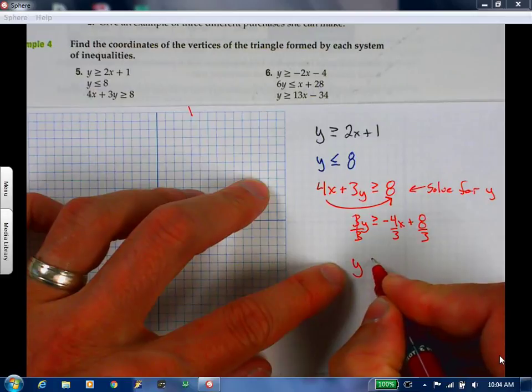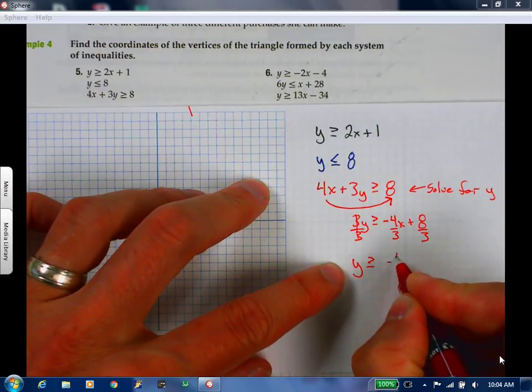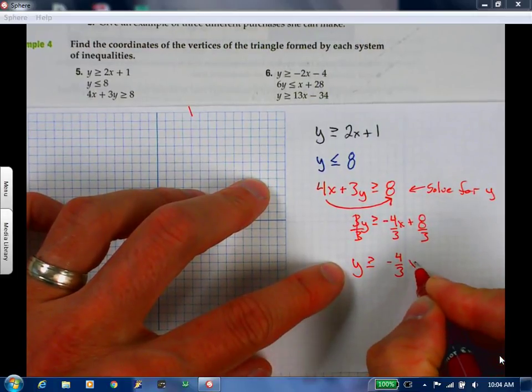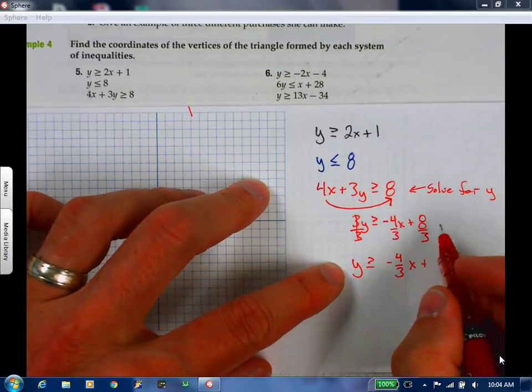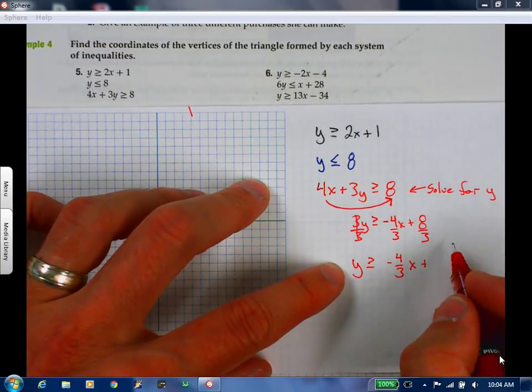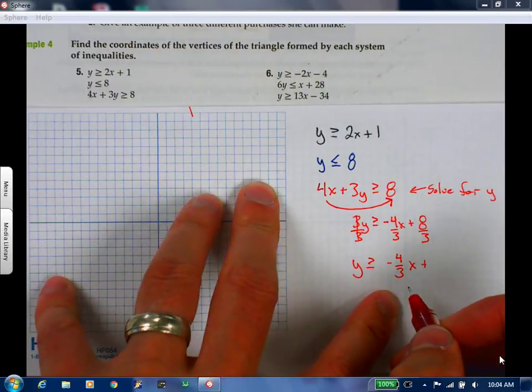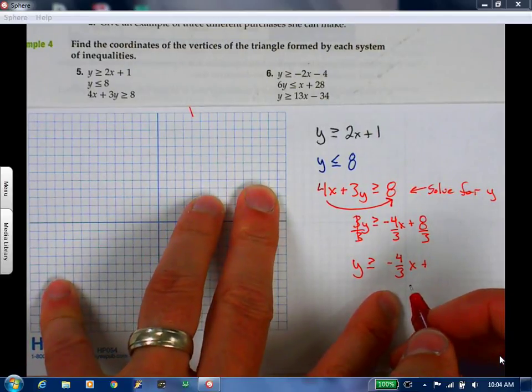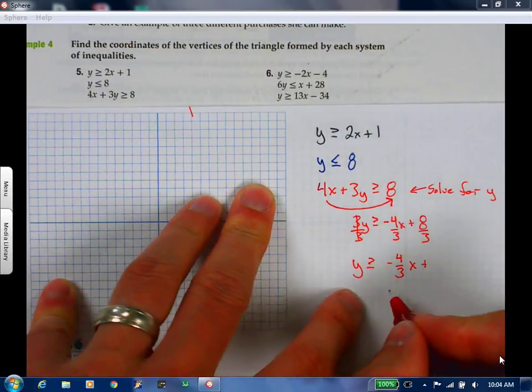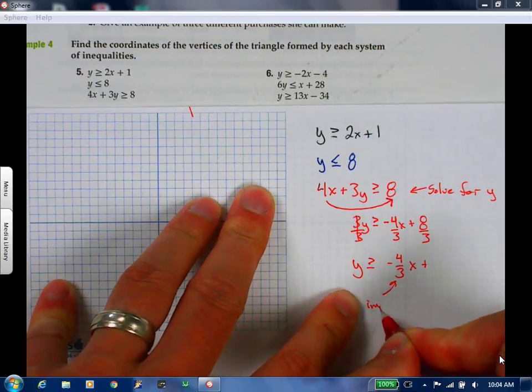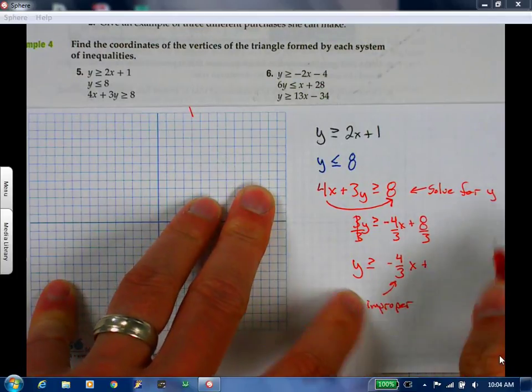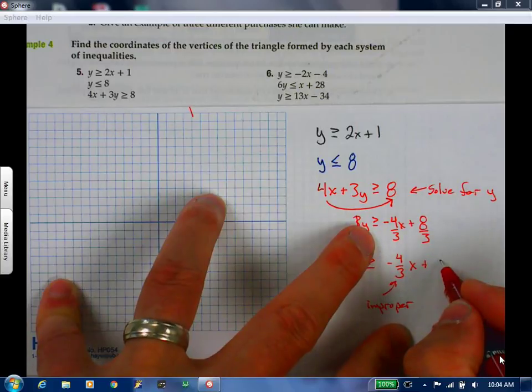So y is greater than or equal to, we're going to leave it negative 4/3 x plus 8/3. Slope you usually want to put as an improper fraction. That's easier to graph as an improper fraction. The y-intercept is easier to graph as a mixed number.